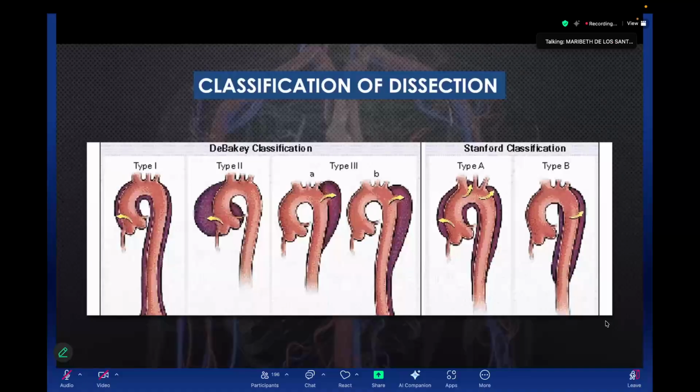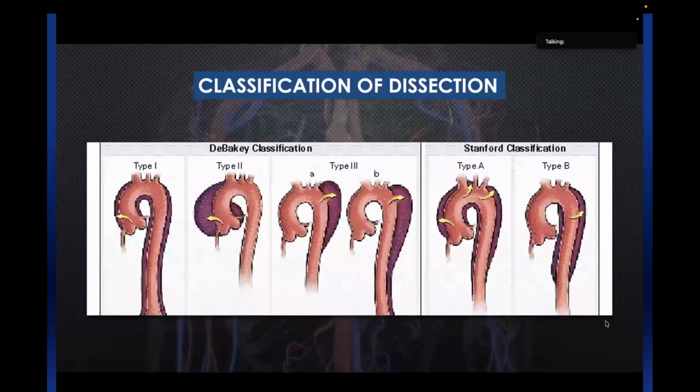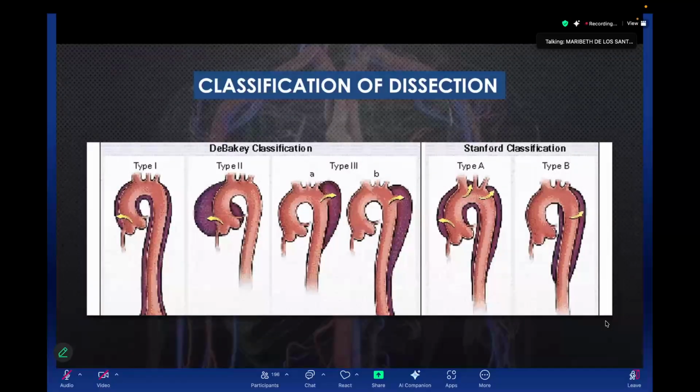The tear can originate anywhere along this path. Type B does not involve the ascending aorta. That's very important. Type B does not involve the ascending aorta and can occur in any other part of the aortic arch and descending aorta.